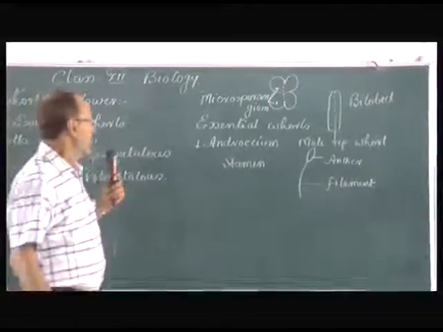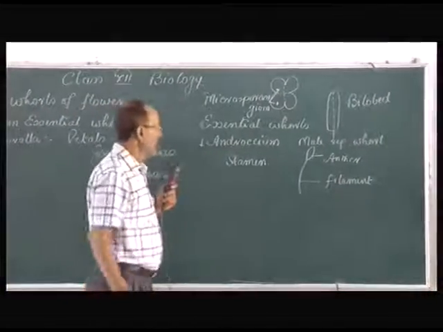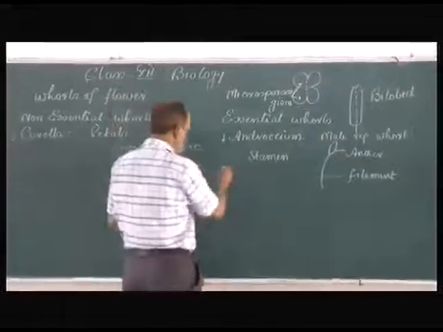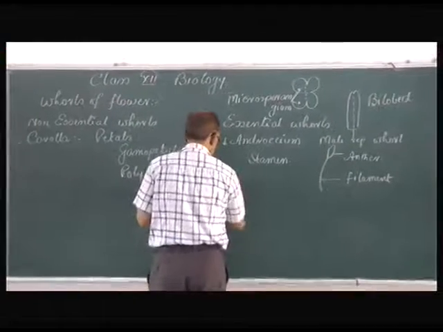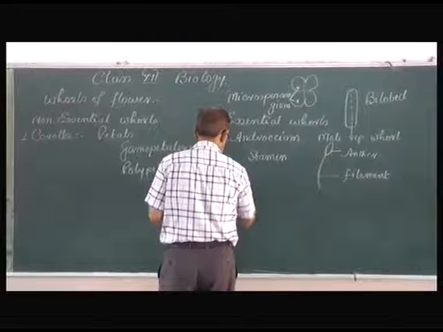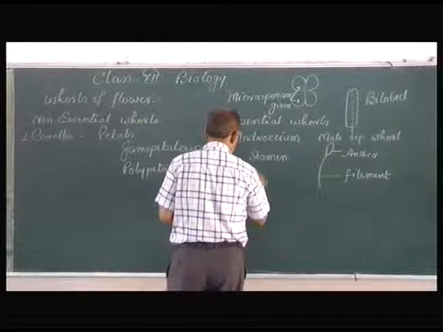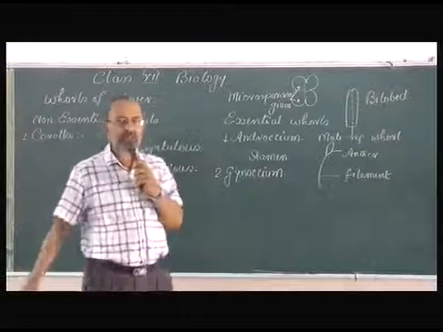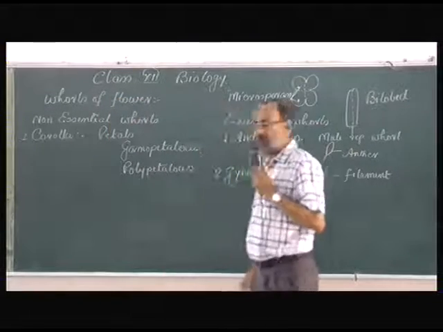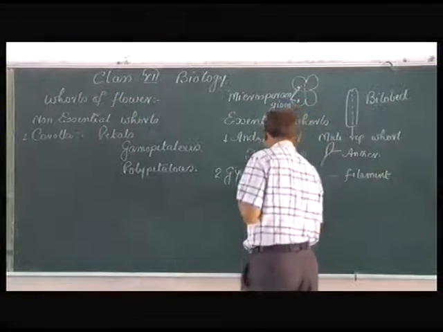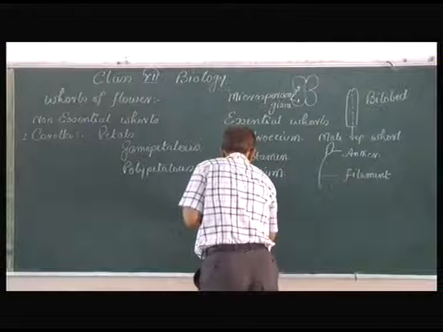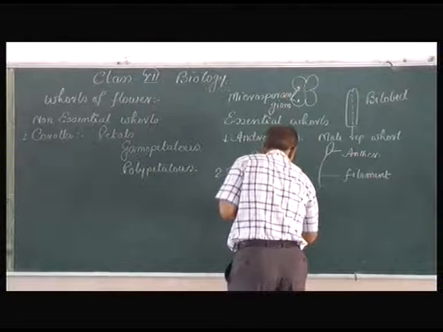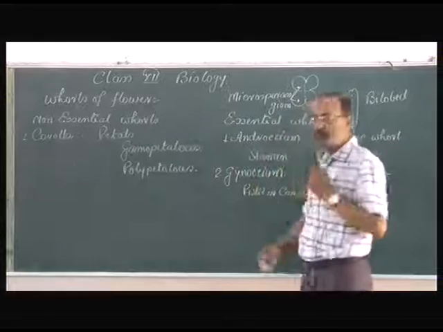Fine. Now come to the development of the anther. Clear? That is, or at least let me finish the gynoecium first. Gynoecium is the female reproductive whorl of the flower, the unit structure of which is called a pistil or carpel.